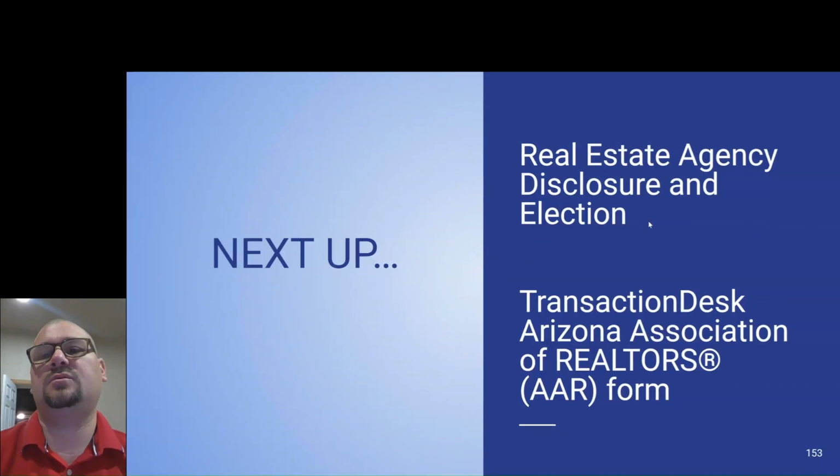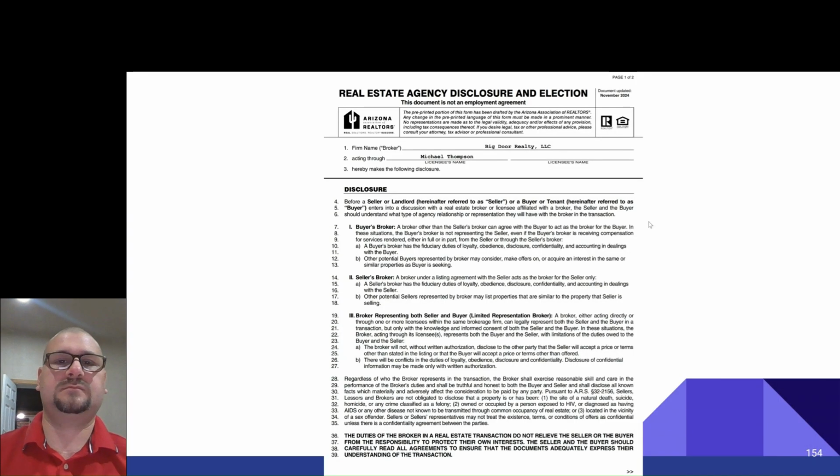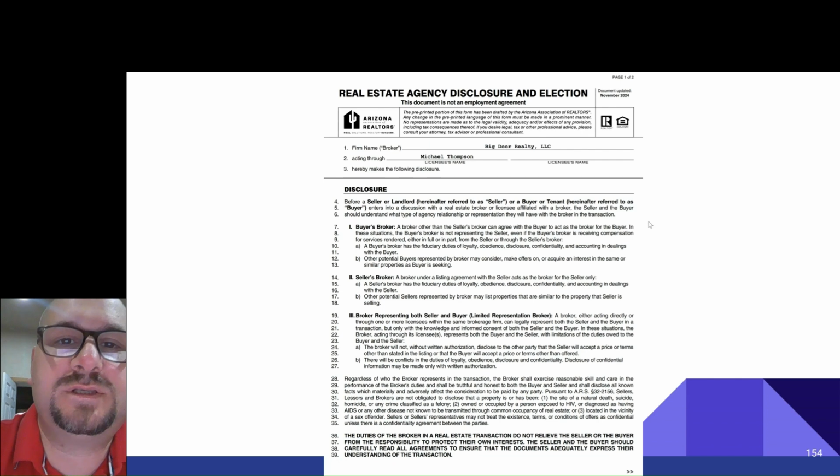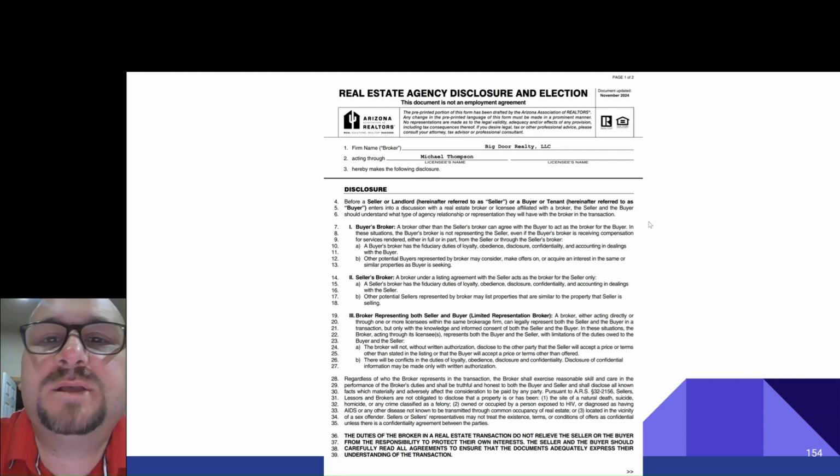We'll talk about real estate agency disclosure and election. So whenever you're going to do a deal with an agent or a broker, you need to disclose and elect them. So this document is not an employment agreement. The pre-printed portion of this form has been drafted by the Arizona Association of Realtors, AAR.